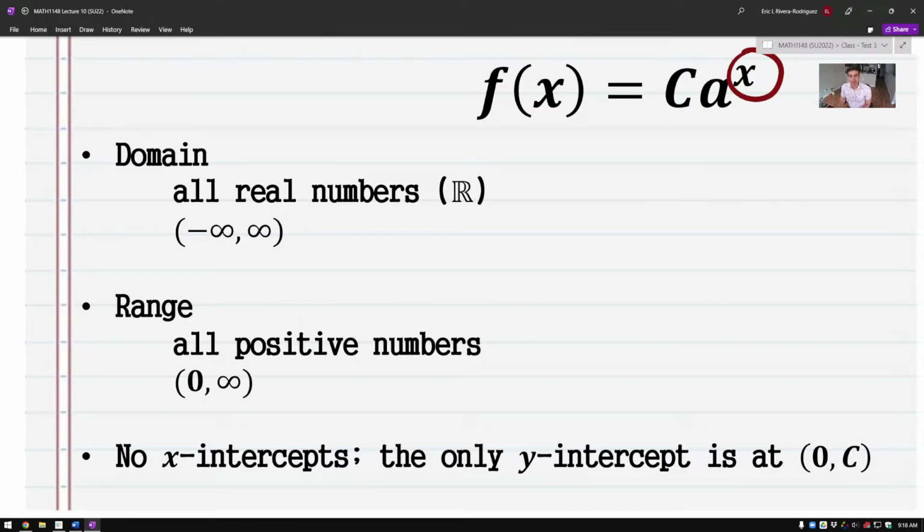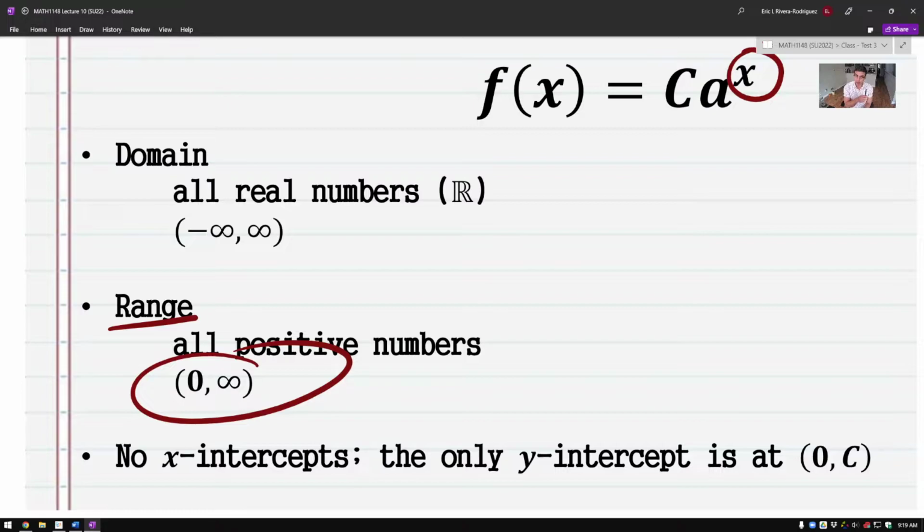Now, for the range, this seems kind of weird. Well, there's no restriction in the domain, so maybe we should expect to get a range with all the real numbers, but that's not the case with exponential function. The range starts from 0.